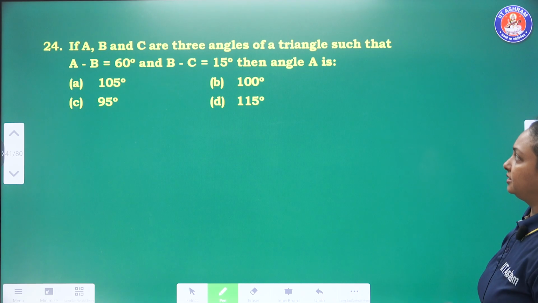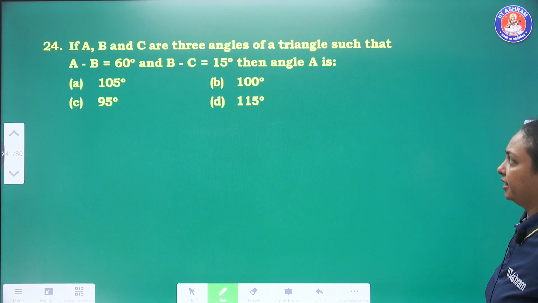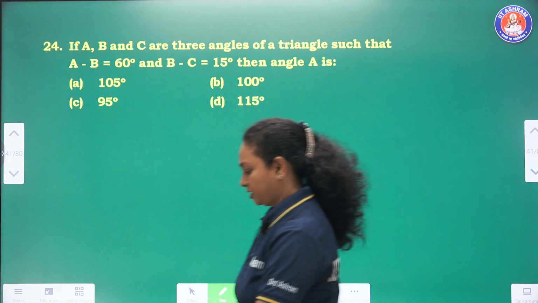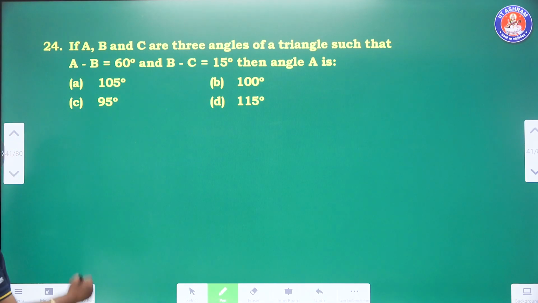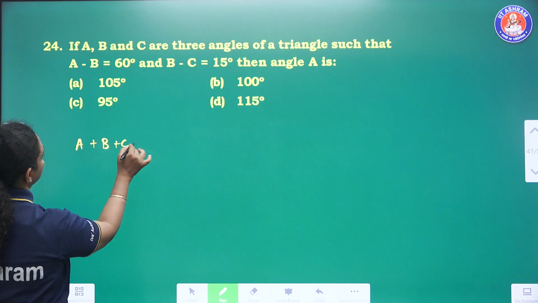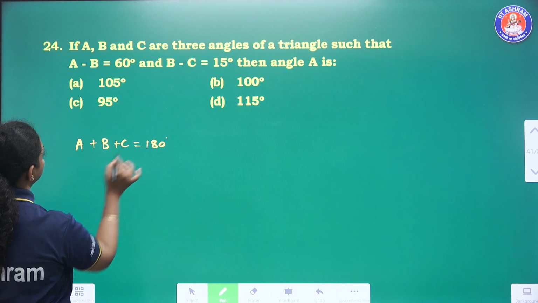If A, B and C are three angles of the triangle such that A minus B is 60 degree and B minus C is 15 degree, then the angle A is what? Okay. So what is given to us? A plus B plus C is equal to 180 degree.